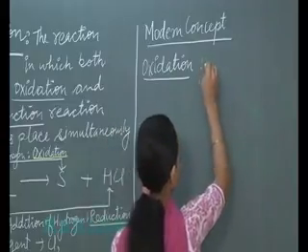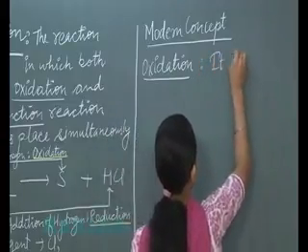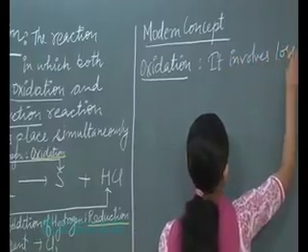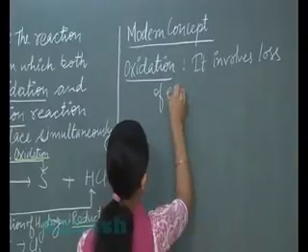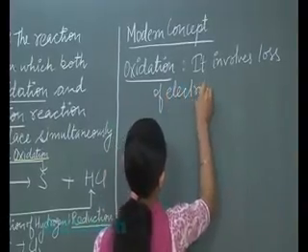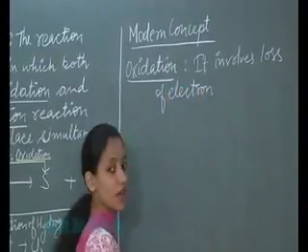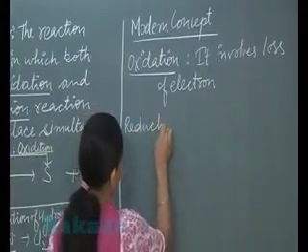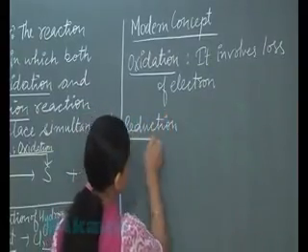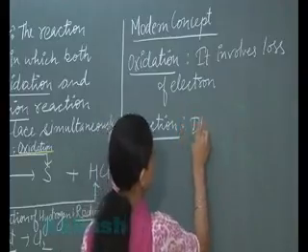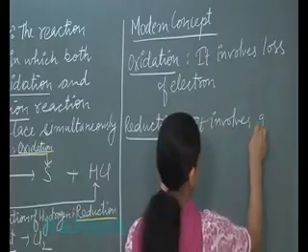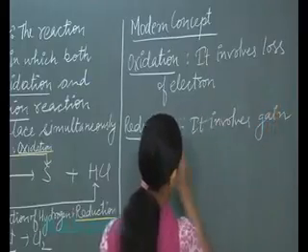So oxidation involves loss of electrons, whereas students, reduction reaction involves gain of electrons.